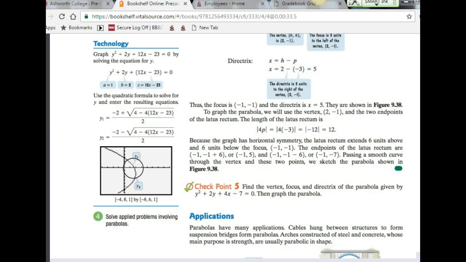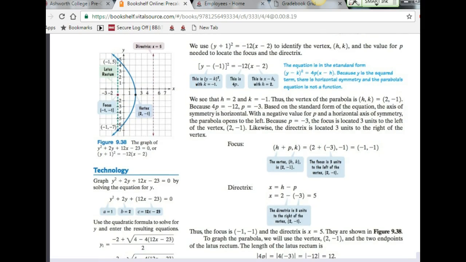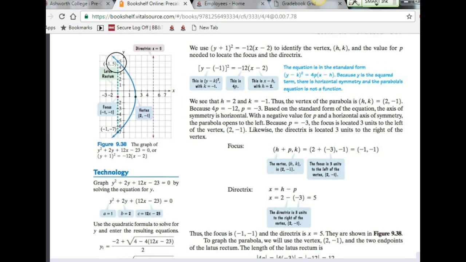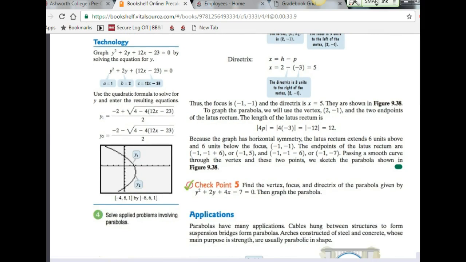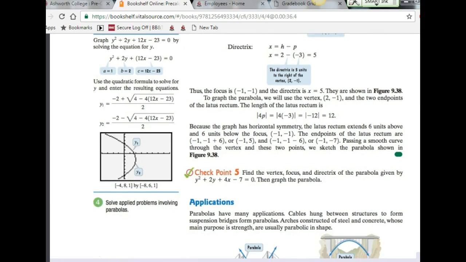When you graph both of them, you're going to notice that it is a sideways parabola, which is very, very similar to the one that we sketched up here. It's just showing that the calculator will do that. But many times it's more difficult to try to get it into the calculator than it is to just do it by hand because of all the algebra that is required to get the y value by itself.